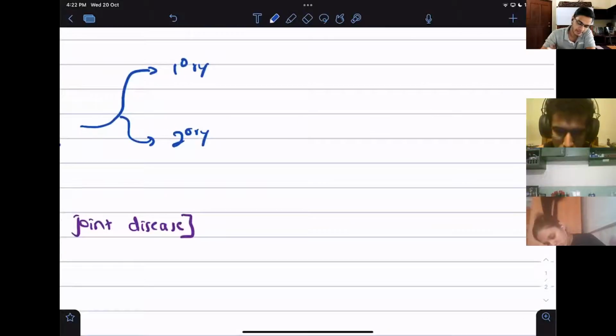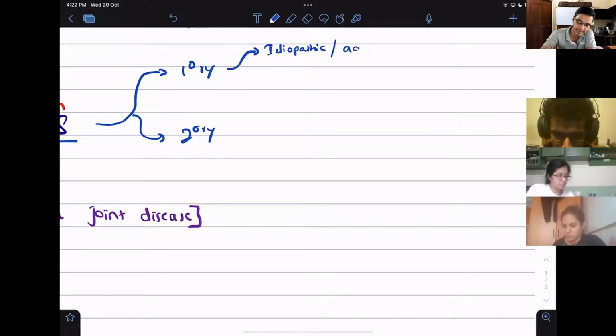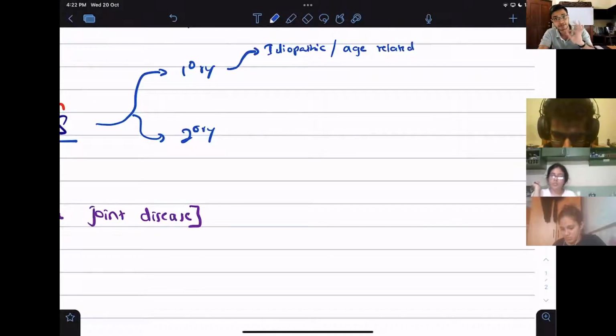Under primary, these are the ones we generally cannot reverse when we are talking about management. They can be idiopathic, where we don't know why it's happening, or age related, due to senile changes. We'll see all of these in the pathophysiology.